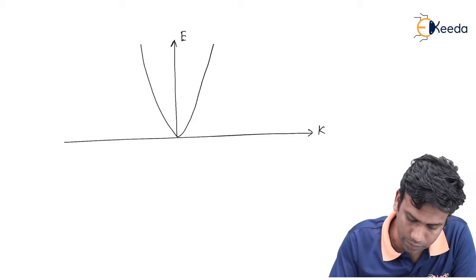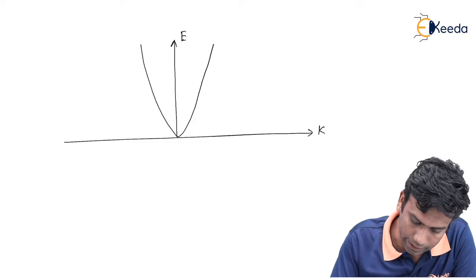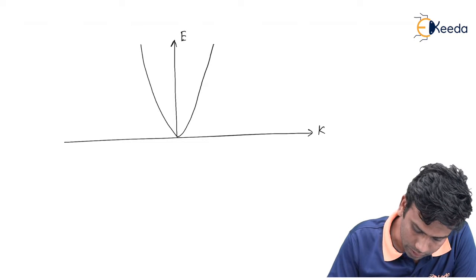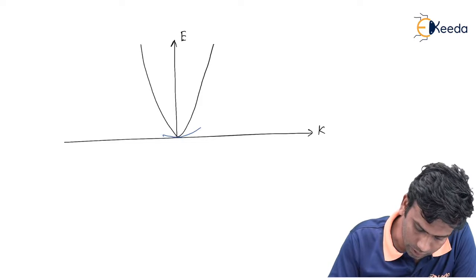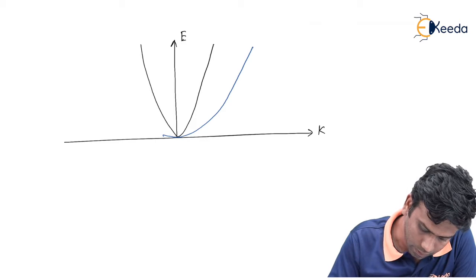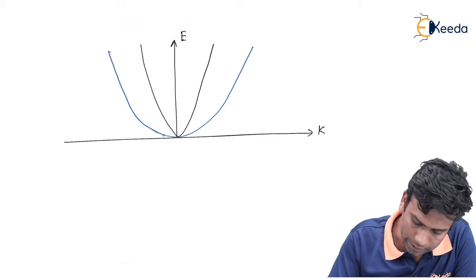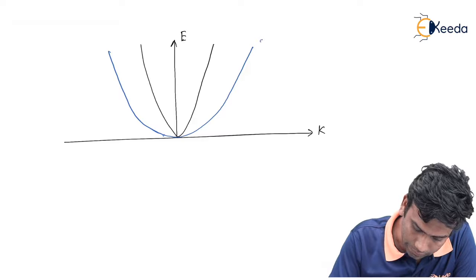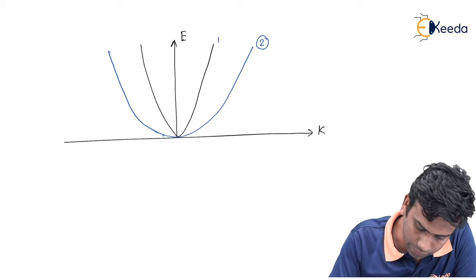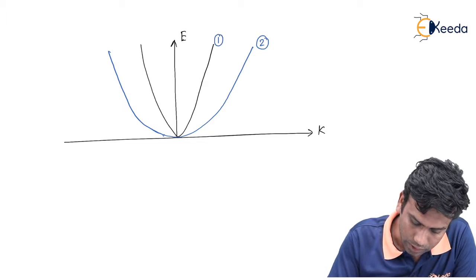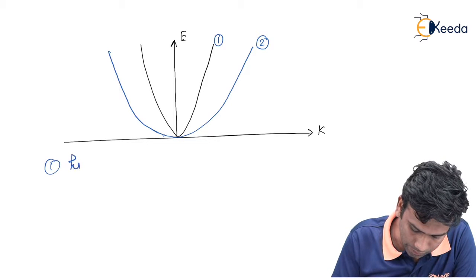First diagram is this one, and second diagram is this one. Let us name them graph 2 and graph 1. So this graph 1 has the higher curvature value.